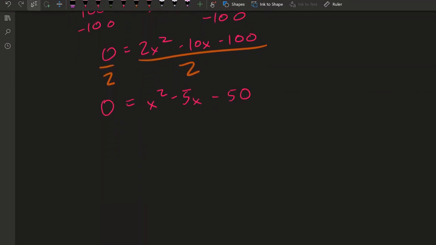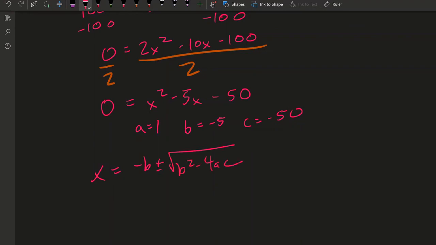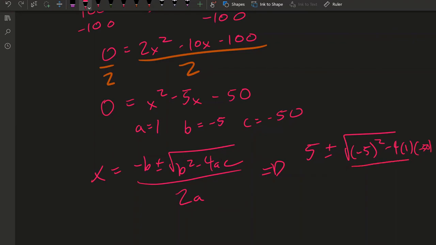Okay, and so now what I would do is use the quadratic formula here. a is 1, b is negative 5, c is negative 50. So x equals negative b plus or minus the square root of b squared minus 4ac all over 2a turns into x is equal to positive 5 plus or minus the square root of negative 5 squared minus 4 times 1 times negative 50 over 2 times 1.